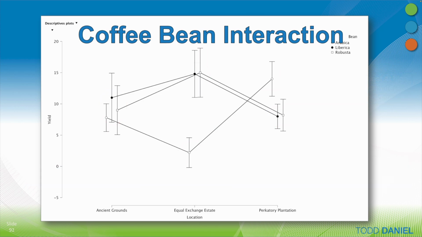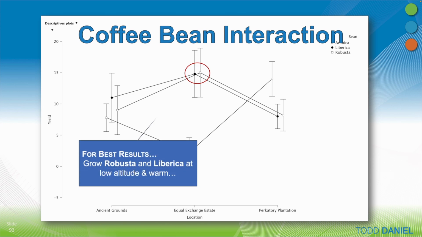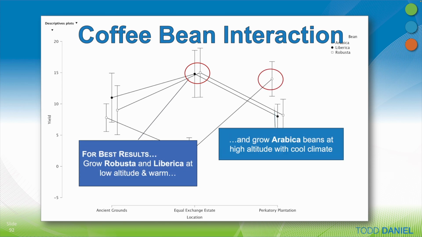Where should we plant different types of coffee beans? We should plant the beans where they grow best. Where is that? We can see that with our interaction. We should plant Robusta and Liberica beans at the low altitude, warm location. That's where we're going to get the highest yield from those two. But we're going to grow Arabica beans at high altitude, cool climate.